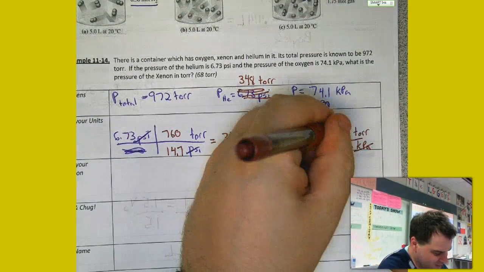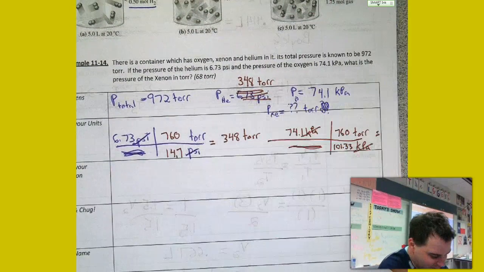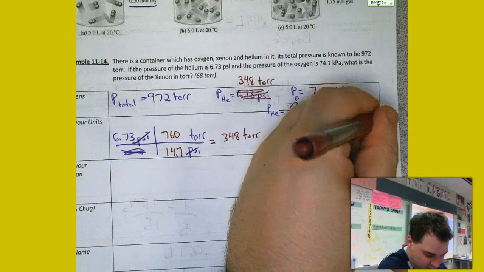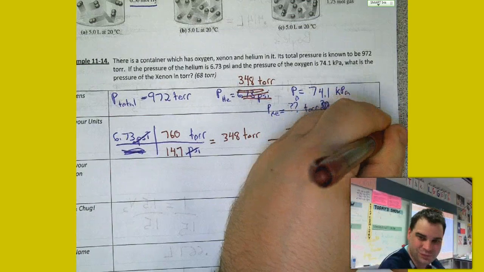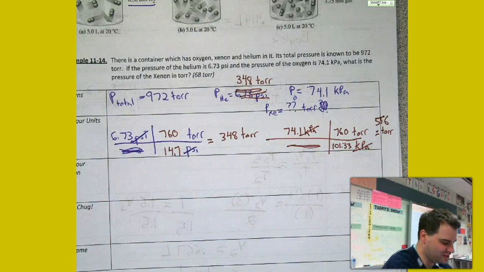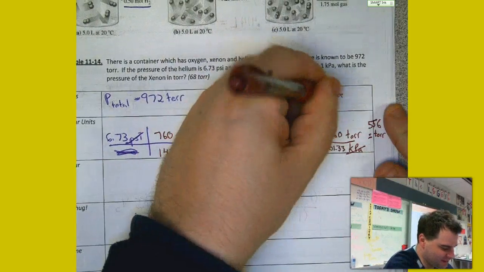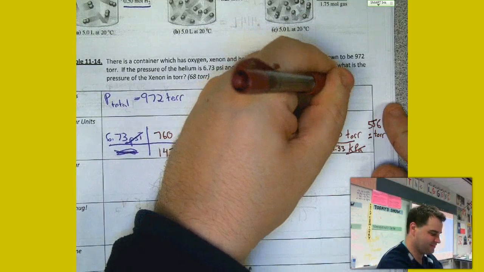Torr is 760. And we get a torr pressure of 556 torr. So the new torr pressure is 556 torr.